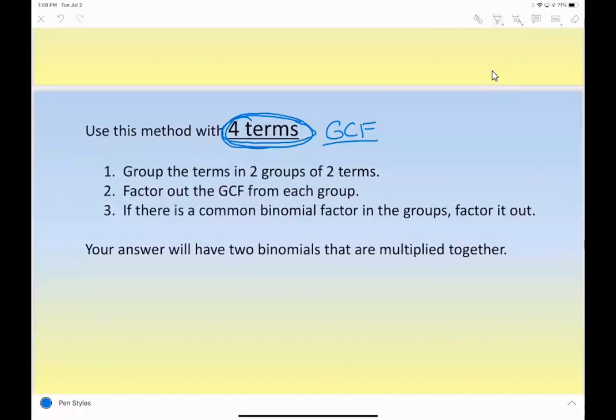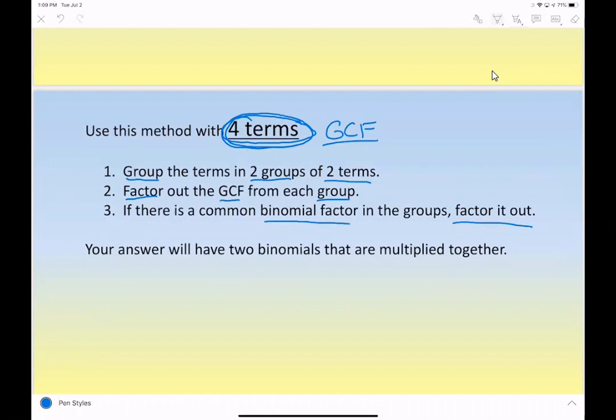To use grouping, we group the terms into 2 groups of 2. Then we factor out the GCF from each of the groups. Each parentheses that you group will have a GCF. If there is a common binomial factor, then we factor it out.